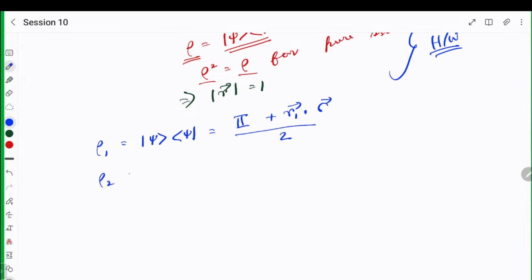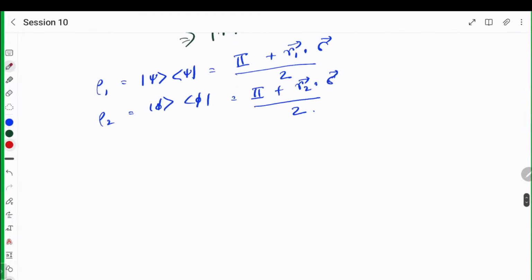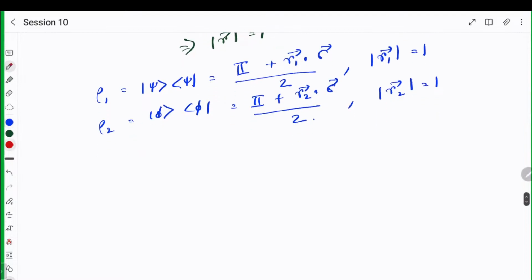And rho 2 will be |phi><phi|, and this would be (I plus r2 dot sigma) by 2. Since these are pure states, they lie on the surface of the Bloch sphere, that is mod r1 is 1, and mod r2 is also 1. Now, let's try to represent them on the Bloch sphere.